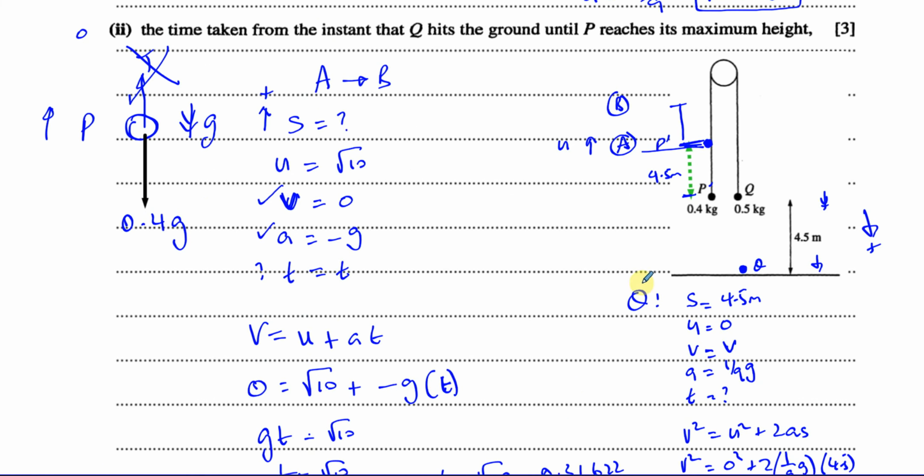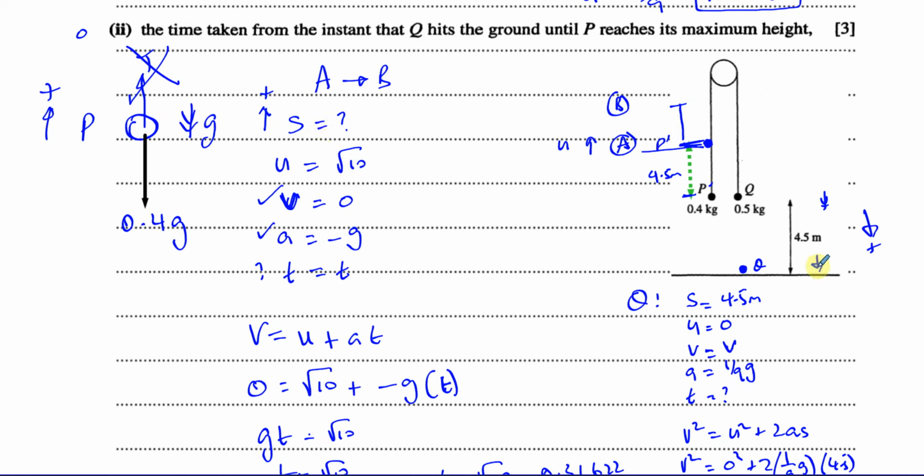Okay, to part 2. All right, so we need to find the velocity of q as it hit the ground, which was the velocity of p when it reached its height, 4.5 meters above where it started, when the string became loose. And then we needed to use suvat with g as the only acceleration acting downwards, taking up as positive because it's moving upwards initially at that point that we called A. So we have s, we don't know. u is root 10. v is 0.